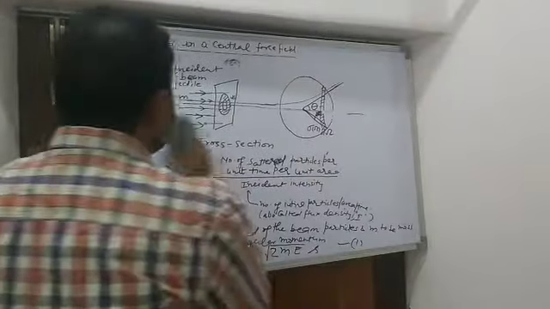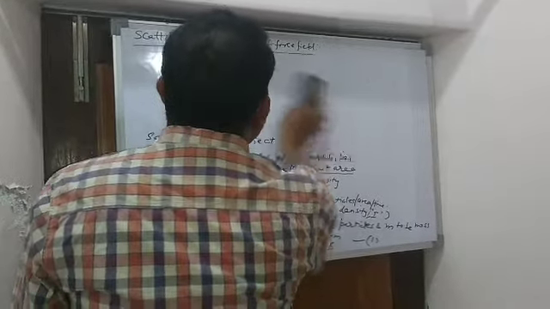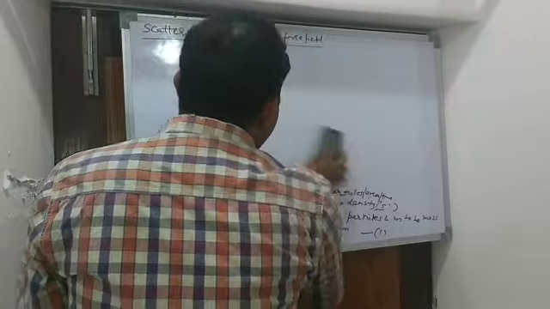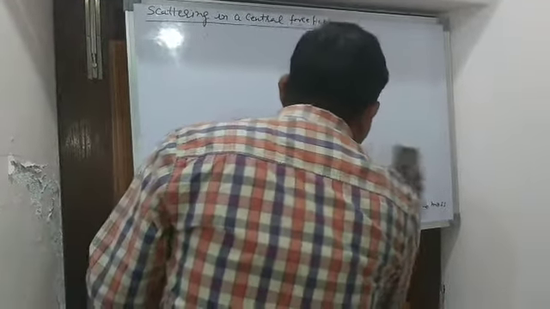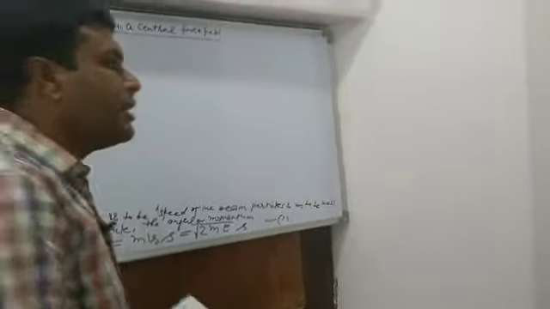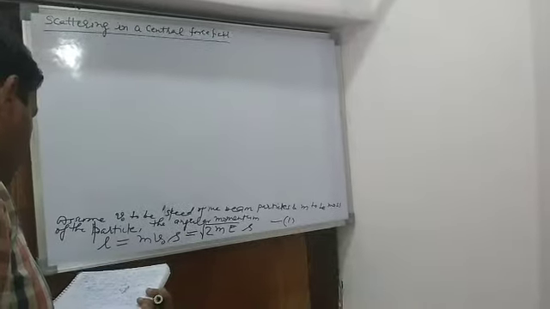But before that, let's check what would be the formula for the scattering cross section. As this is a classical scattering, the number of incident particles and the number of particles leaving after the scattering should be the same. So what does it mean?